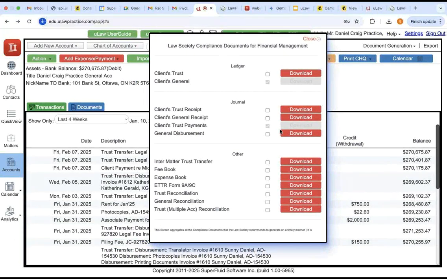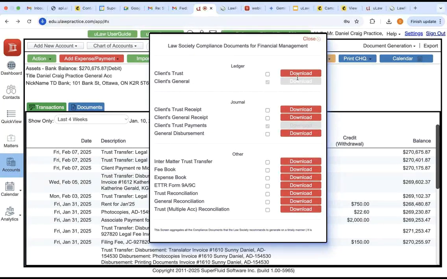Of course, you have to exclude all the disbursements that are being made straight out of the trust, but you can see all the trust transfers under the client disbursement journal, or you can also see them under your Form 9A, because you would have made trust transfers electronically. If it is made electronically, you can see them.